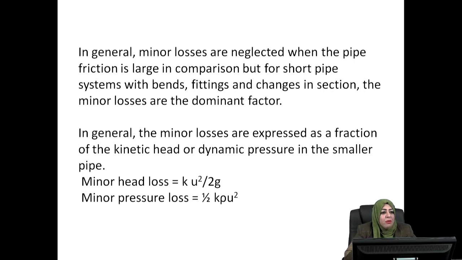In general, the minor losses are expressed as a fraction of the kinetic head or dynamic pressure in the smaller pipe. The minor head loss equals K U square divided by 2g, and the minor pressure loss equals half K rho U square. These are the laws we add to the energy equation, to calculate the minor losses for each system we take.